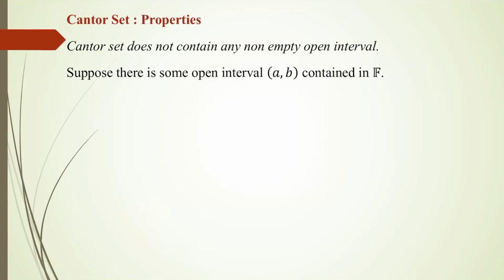So suppose there is some open interval (A, B) contained in F, where A is less than B. A and B are real numbers and A is less than B. Suppose that this open interval (A, B) is a subset of F. Okay, but this Cantor set F is nothing but the intersection over n varying over natural numbers of Fn.